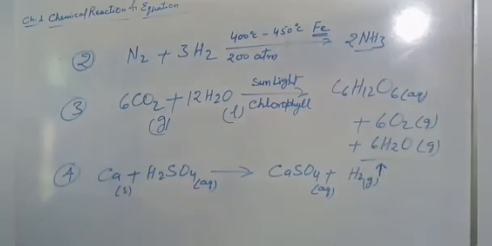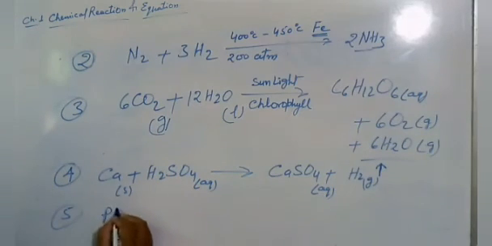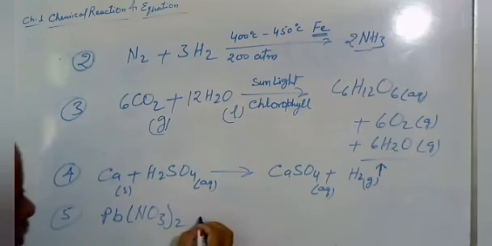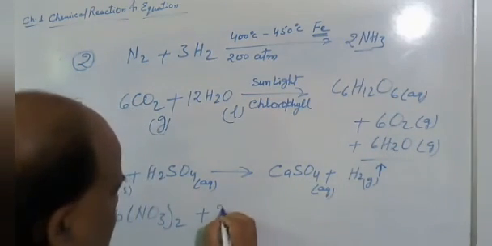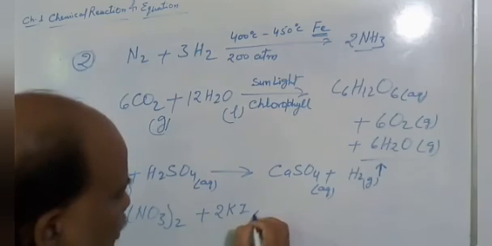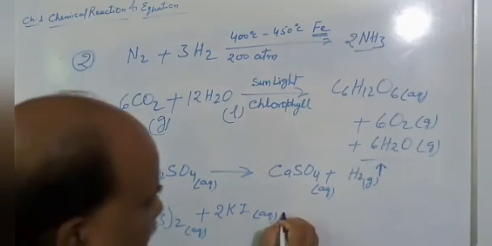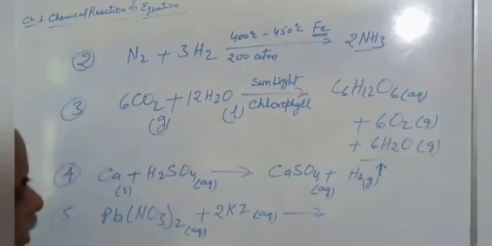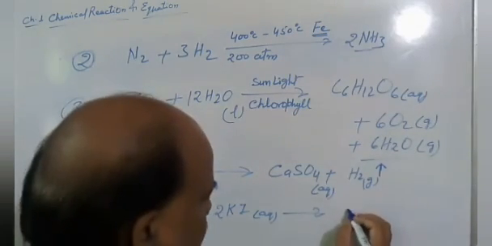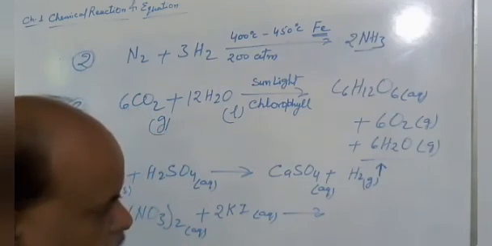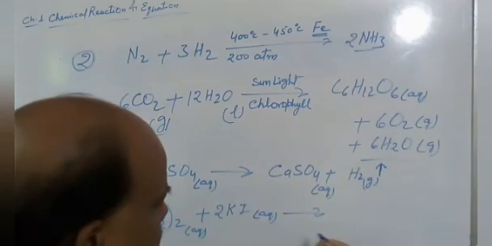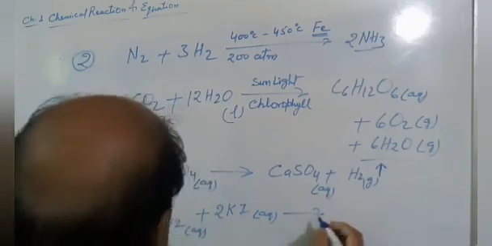In next example, if a precipitate is formed during the reaction, for example, Pb(NO3)2 plus 2KI, both are aqueous. When these substances react with each other, this is the example of double displacement reaction. We will discuss it in next video.